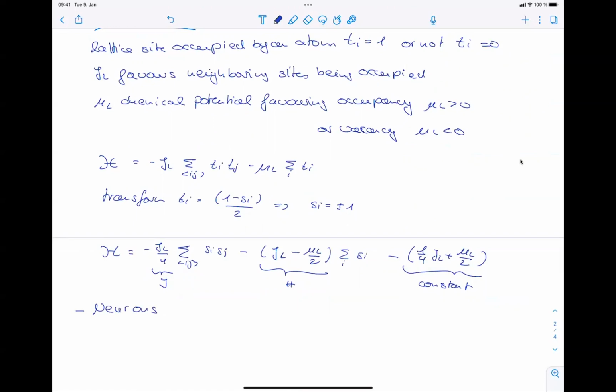So if you want to describe the activity of a neural network, you only classify neurons as firing, as being active, +1, or dormant, not firing, -1. And again, you have this two-state system, and all of a sudden you can look at the dynamics. You can look at the phases of such a very complex system again.